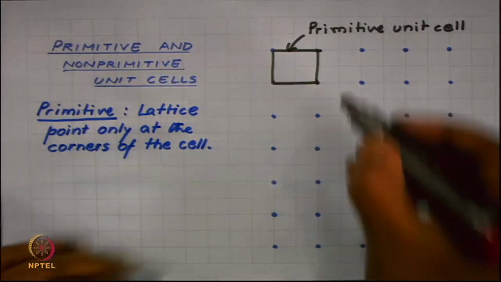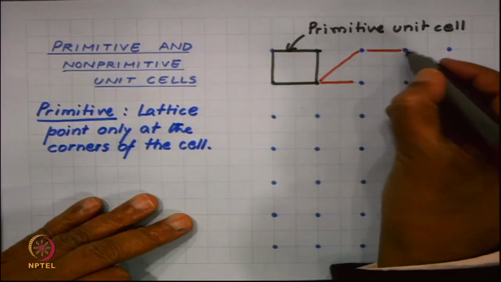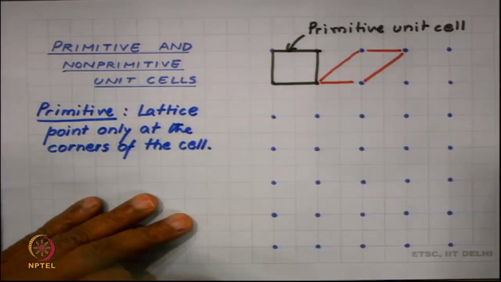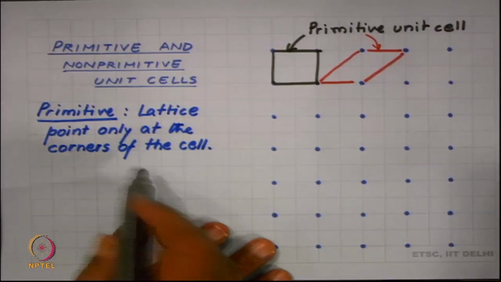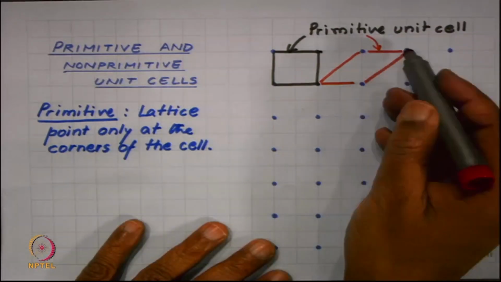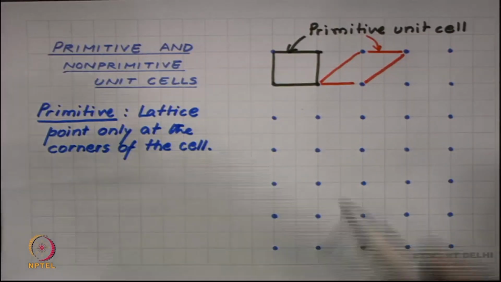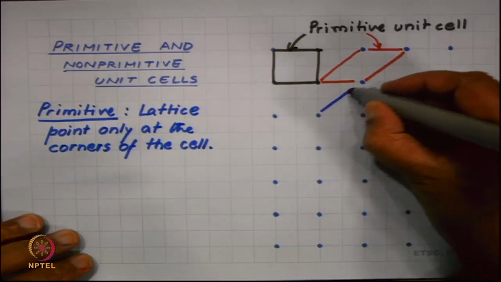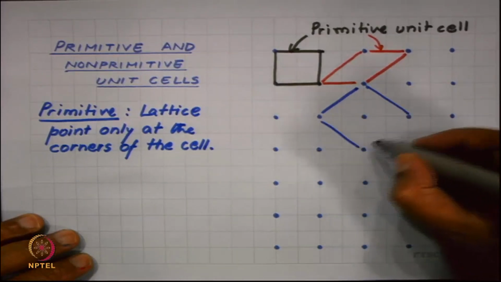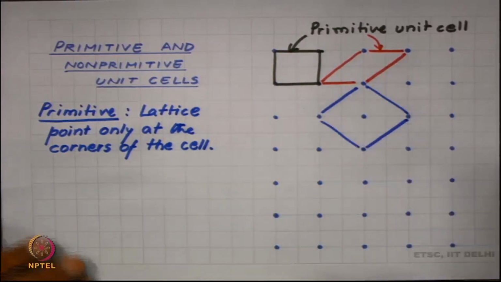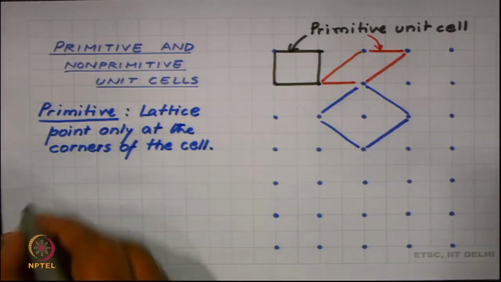The red unit cell, the parallelogram unit cell, is also a primitive unit cell, because by this definition this also has lattice points only at the corners. But the larger blue unit cell which we had selected last time will be an example of a unit cell which is not primitive.